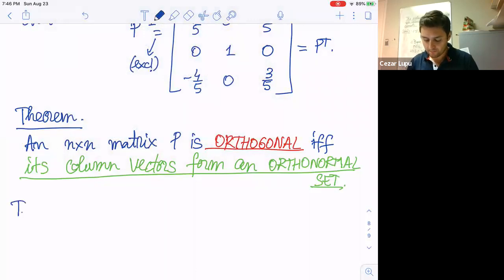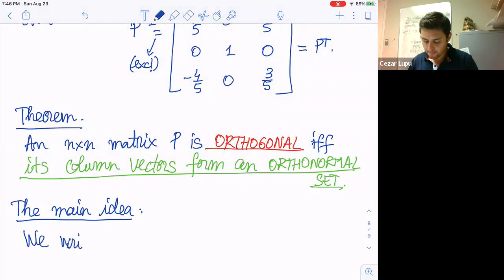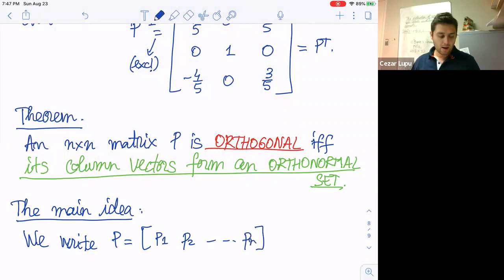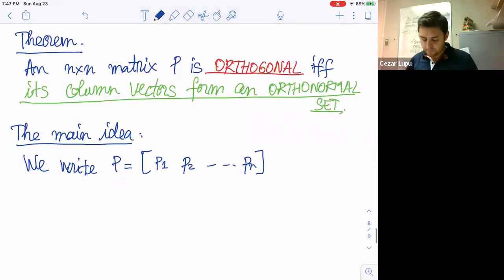So the main idea of the proof of this theorem is the following: you write the matrix P in this way. Let me write the column vectors P1, P2, Pn. You can write this explicitly as a matrix, and then you multiply by the transpose of P, and then you look at this set P1, P2, Pn.